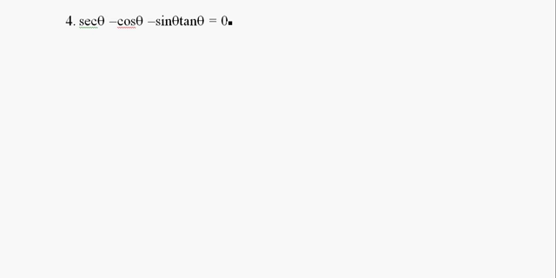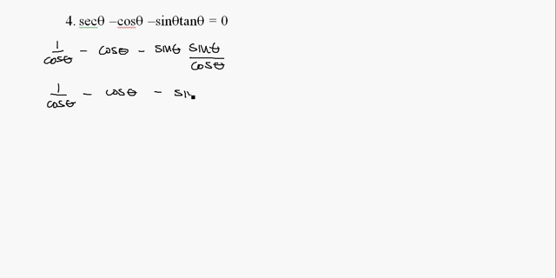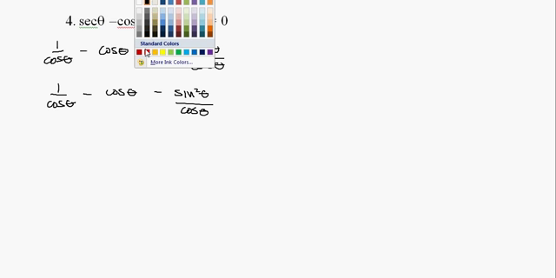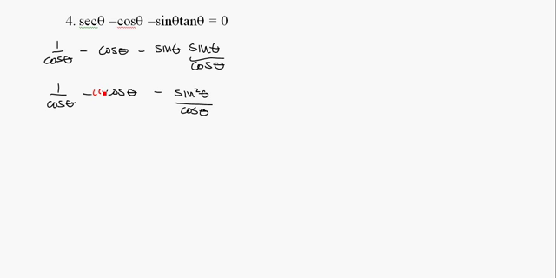Okay, so since there's nothing on the right-hand side, we clearly have to work on the left-hand side. So secant is 1 over cosine theta minus cosine theta minus sine theta times sine theta over cosine theta. I'm just going to multiply this, so I get 1 minus cosine theta minus cosine theta minus sine squared theta over cosine theta. I'm going to need a common denominator, so I'm going to multiply this middle term by cos over cos.